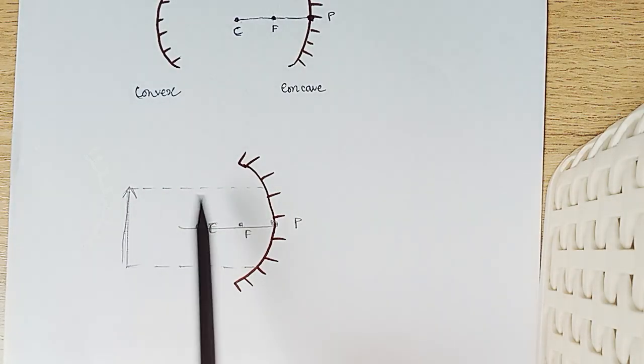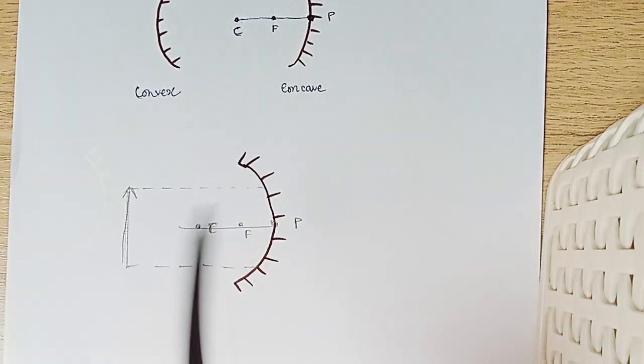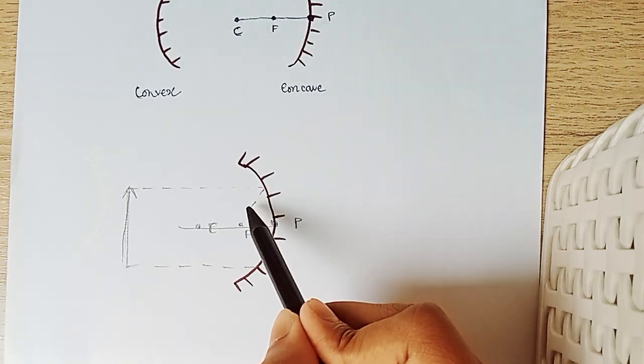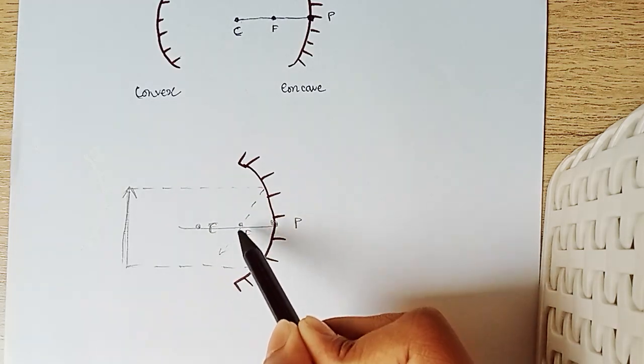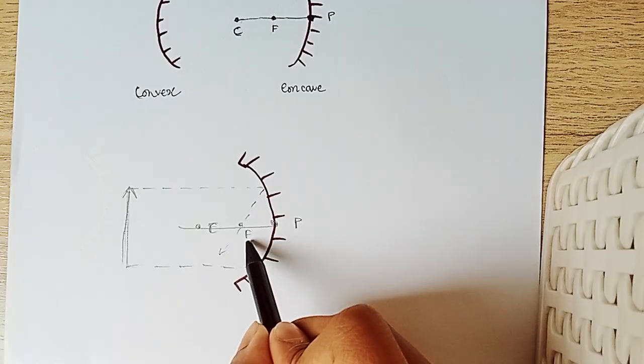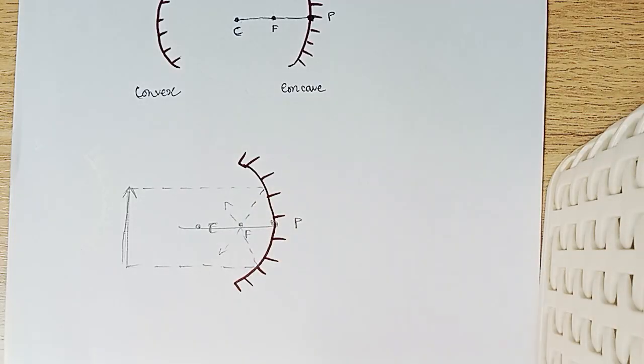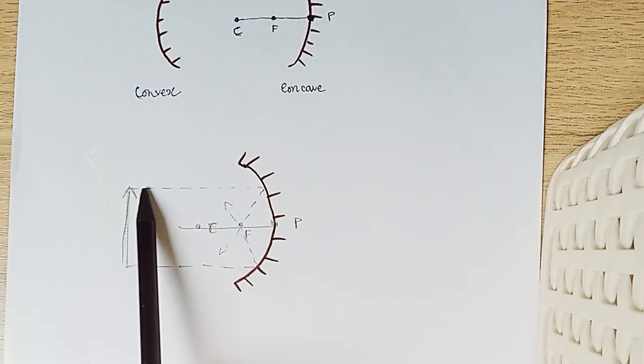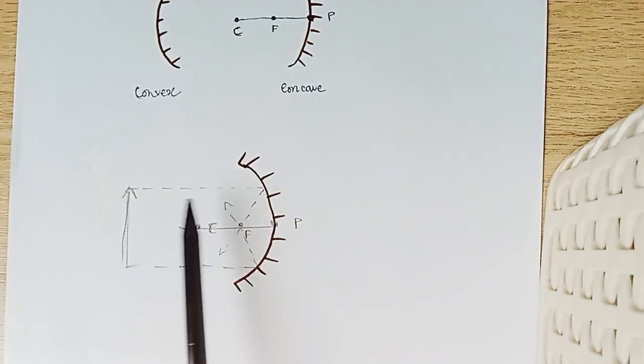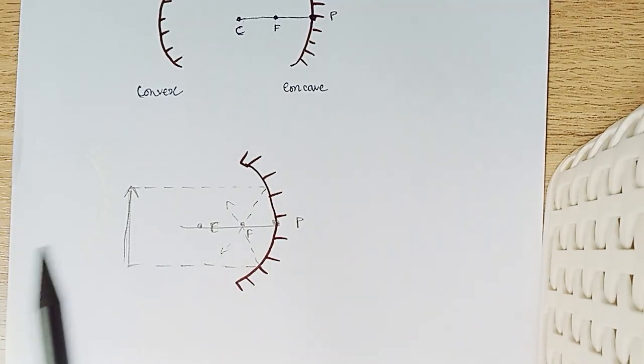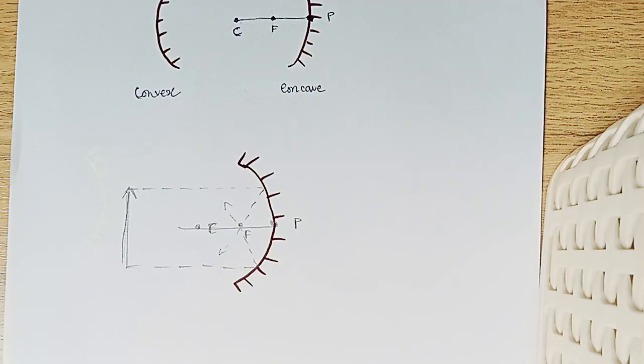Then the light will get incident on the concave mirror and bend in such a way that it forms at the focus like this. So light gets incident on the concave mirror from the object at infinity. Whenever the object is at infinity, the image will be at the focus.